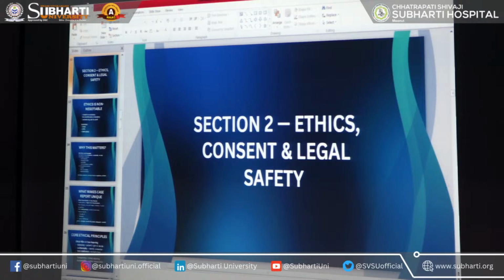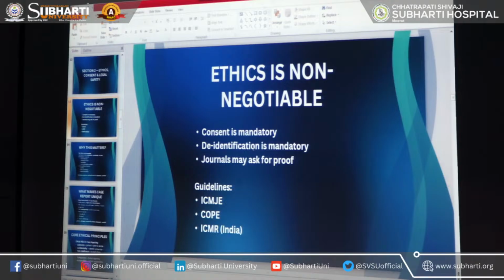Now, coming to ethics, consent, and legal safety, which is foremost. Ethics is not negotiable. Consent is mandatory. You have to de-identify the data, and journals may ask for proof of the data you are submitting, as per the guidelines of ICMJE, COPE, and ICMR, which is Indian.